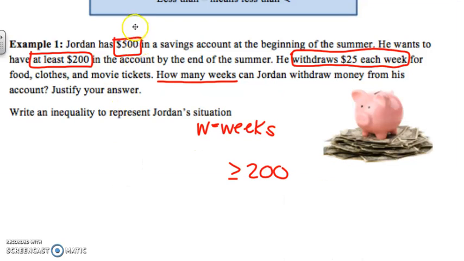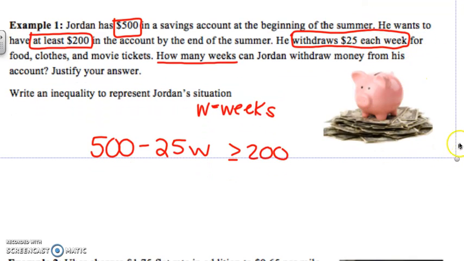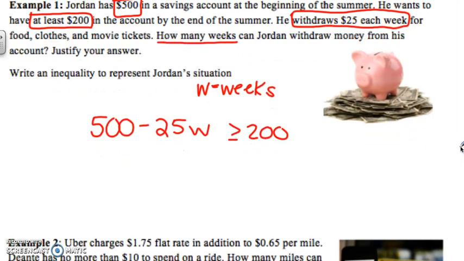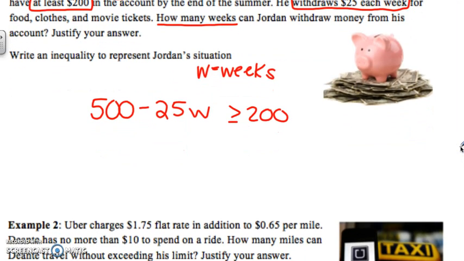And now I have to address this 500 and this withdrawing. Withdrawal means negative. So if I start off with $500 and I'm withdrawing 25 each week, that would be my inequality. Okay, so now I am ready to solve by subtracting 500 on both sides.